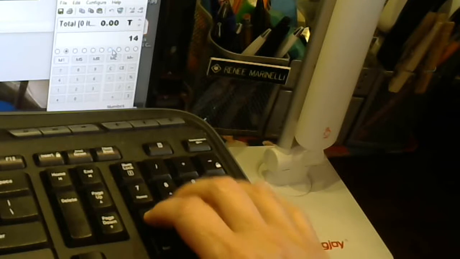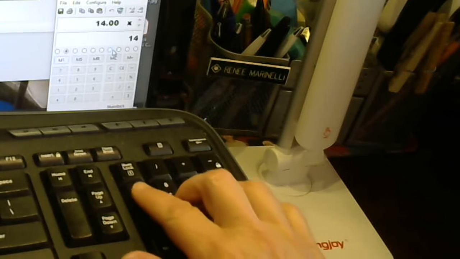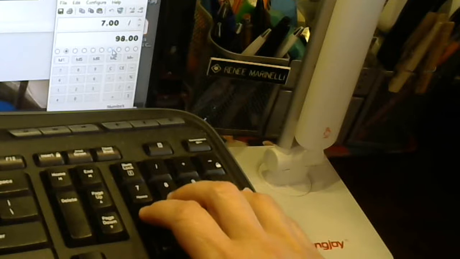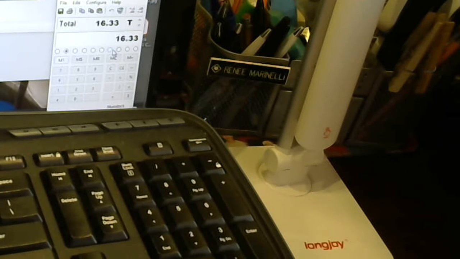So 14 times 7 go right into divided by 6. Because it's multiplication and division, you can do continuous multiplication and division. Like you can do continuous addition and subtraction, but when you mix those, you'll need to hit that enter key.